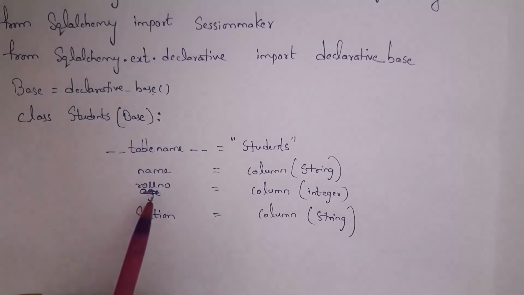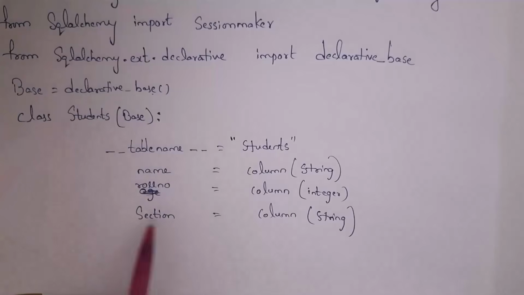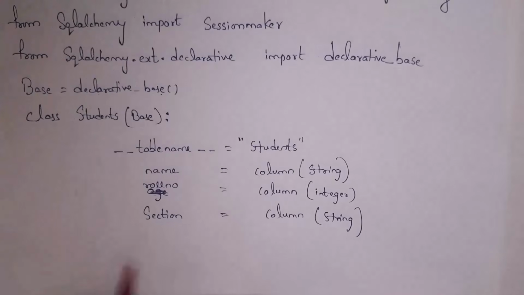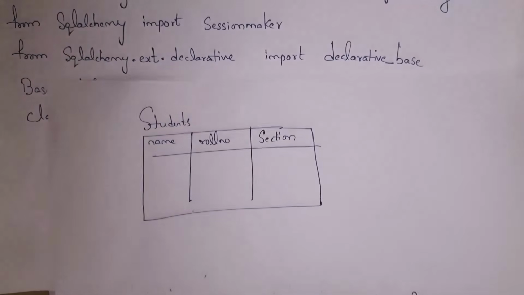And similarly, I want to give last column name as section. Inside section, I want to give section like section A, section B, so on. So I written here section equal to column of string. Whenever I run these 4 lines of code, this is output.